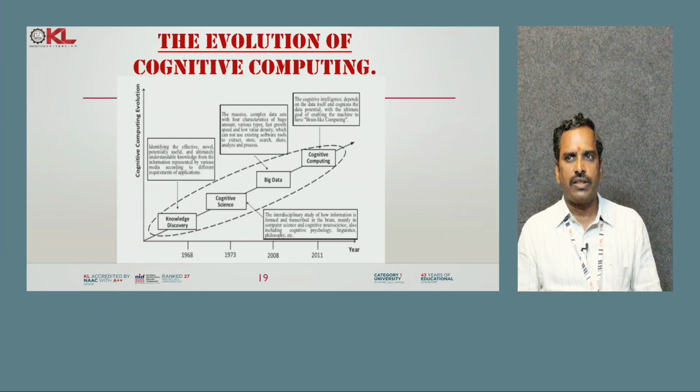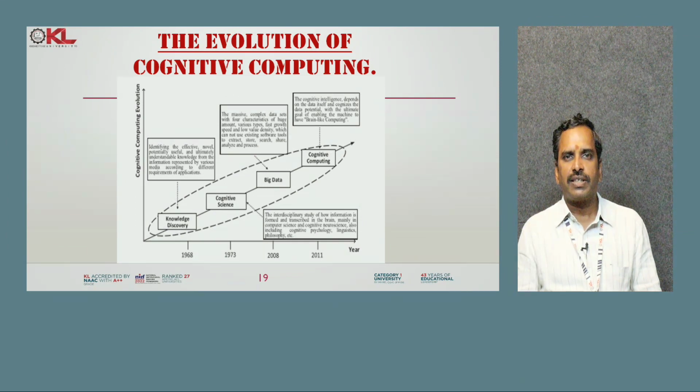Then the third evolution is big data. The massive complex data sets with 4 characteristics of huge amount, various types, fast growth speed, and low value density, which cannot use existing software tools to extract, store, search, share, analyze, and process.